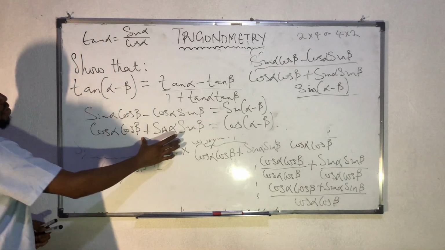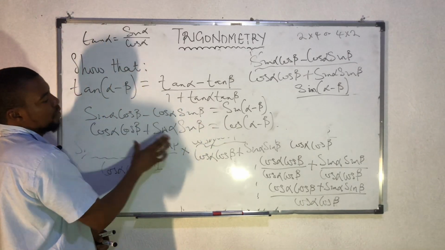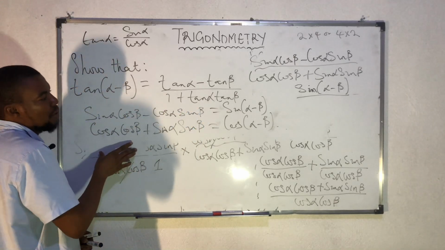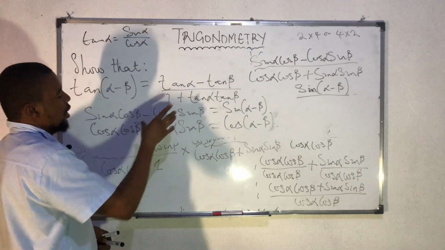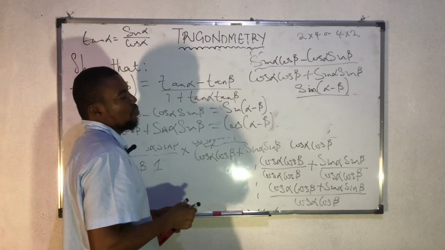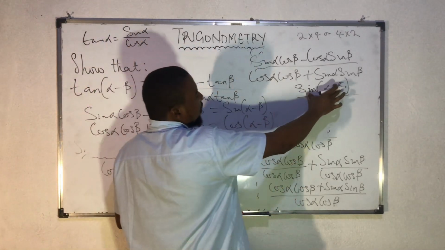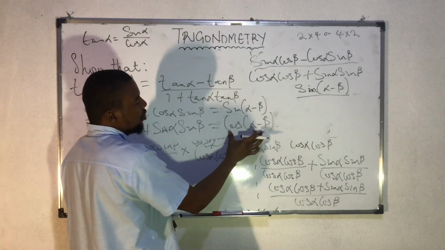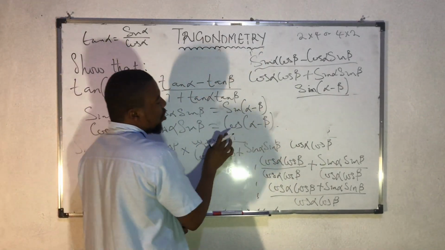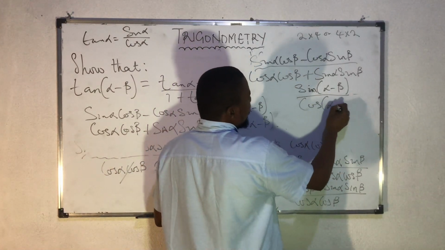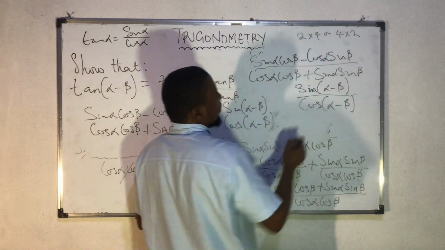And this is what you are supposed to know as a student who is studying trigonometry. With these identities, we can now replace the numerator and denominator with these values respectively to get what we want. Since we have replaced the numerator with its equivalent, we're now going to replace the denominator with cos alpha minus beta.